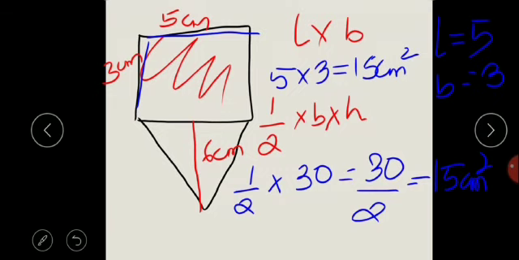Now the last step is we need to add up both the areas. Area of a rectangle. Let me just erase the screen off.